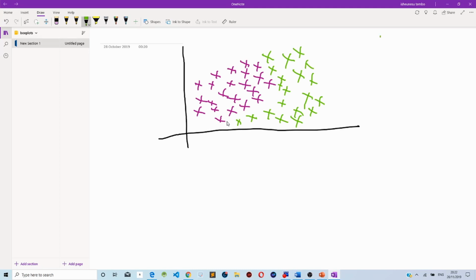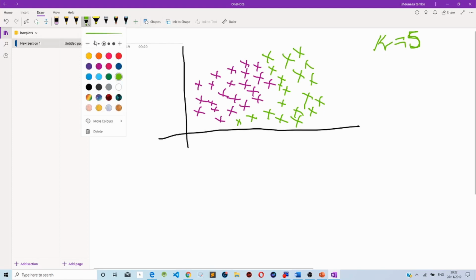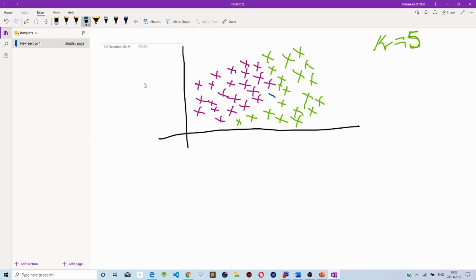So in this case, the value of k is equal to 5. Let's say we want to find where this blue data point belongs. So what we do is we consider 5 nearest neighbors.